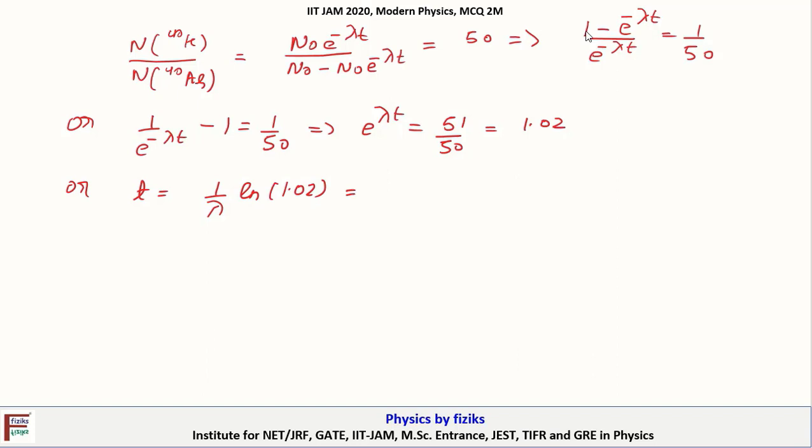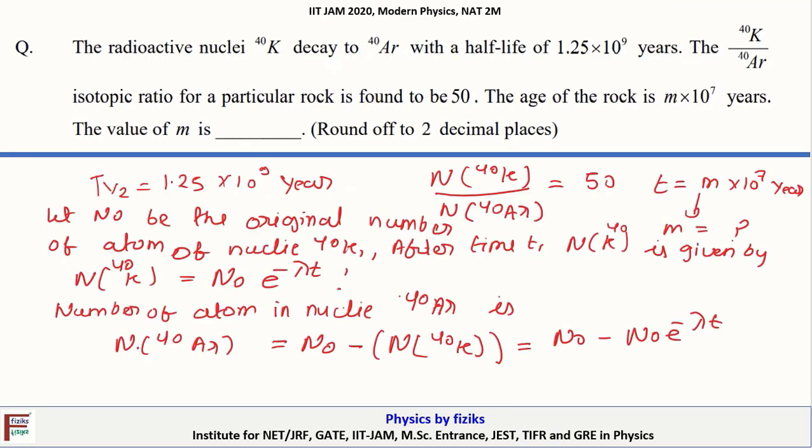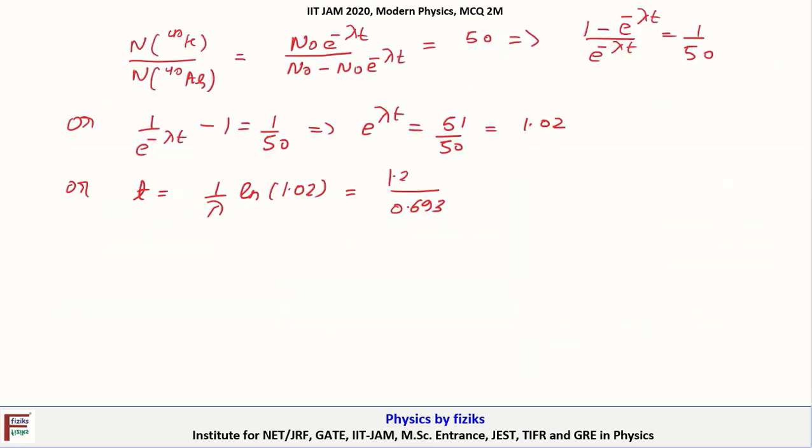So the value of lambda would be 0.693 divided by the lifetime, which is 1.25 times 10 to the power 9 years, times ln 1.02.